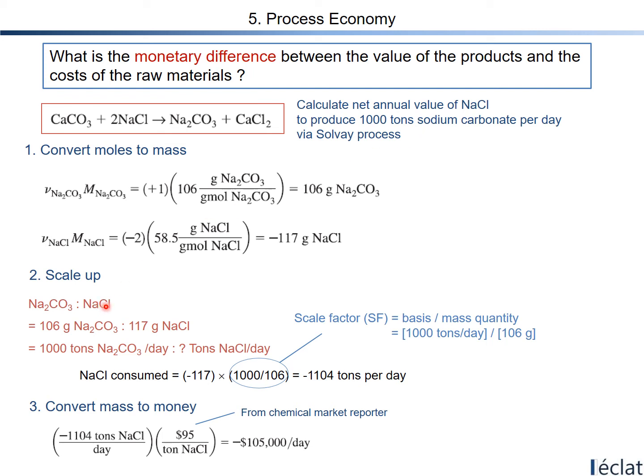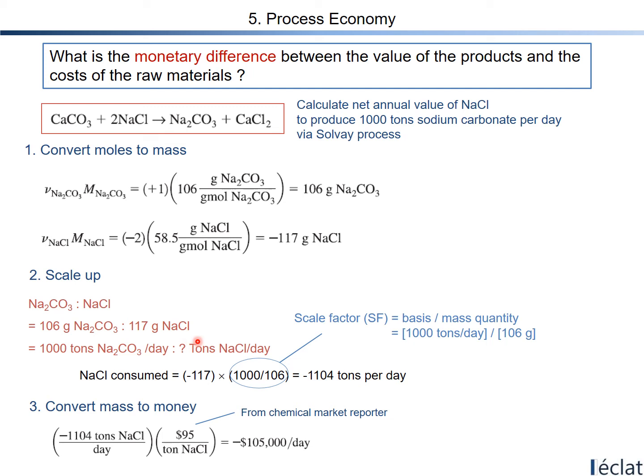So here is the proportionality equation: sodium carbonate to sodium chloride is 106 grams from here, and 117 grams is consumed from here, which is equal to 1000 tons of sodium carbonate per day existing in the question, and then the unknown. What tons sodium chloride per day is required for making 1000 tons sodium carbonate per day?